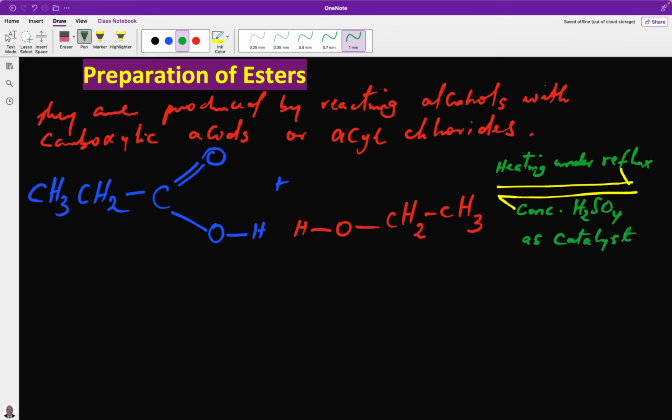So what happens here is that a compound is formed. And how is this compound formed?